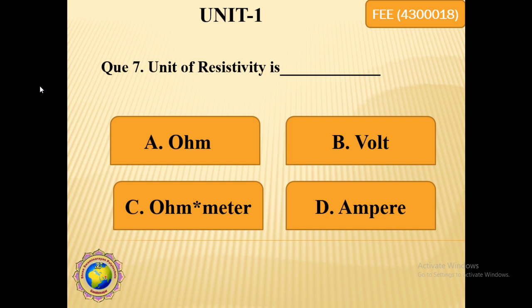Again I repeat question number 7. Unit of resistivity is A ohm, B volt, C ohm into meter and D ampere. Note down the correct answer.